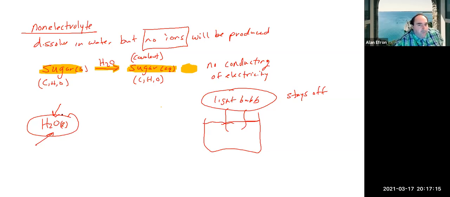Strong electrolyte: 100% breaks apart into ions. The way you could recognize it in a formula is on the left-hand side, you have the ionic compound together. Right-hand side, you have the ions from that ionic compound, and it's a one-way arrow. Weak electrolytes stay mainly together. The way you can recognize those in an equation form is on the left-hand side, you have the compound together.